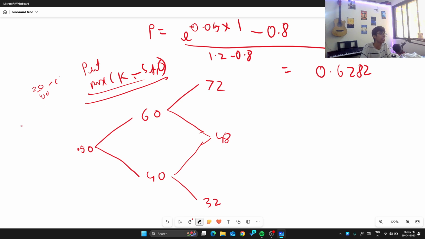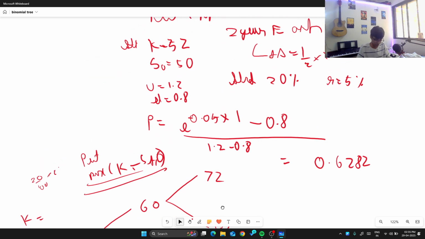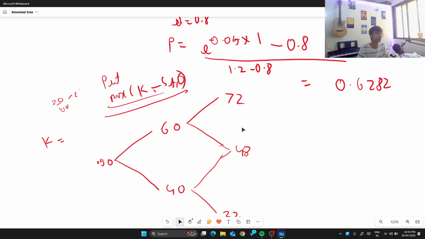And K is 52, right. So this option here is out of the money. I thought it is a call option.